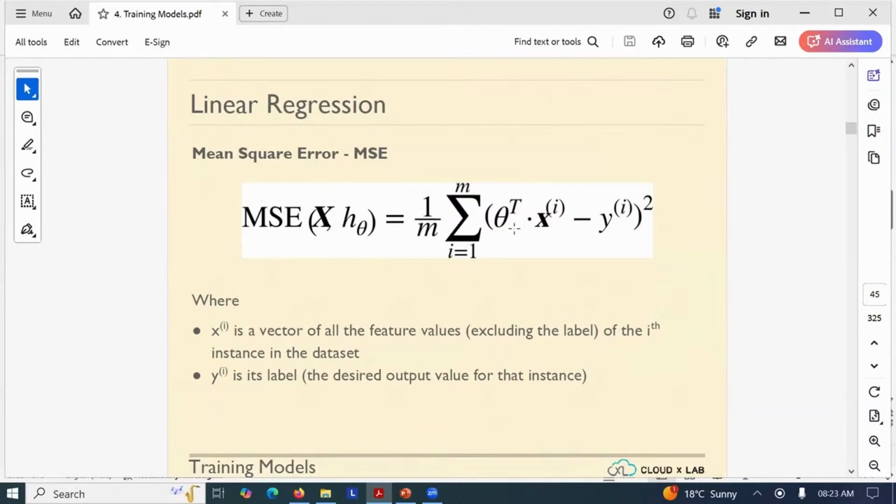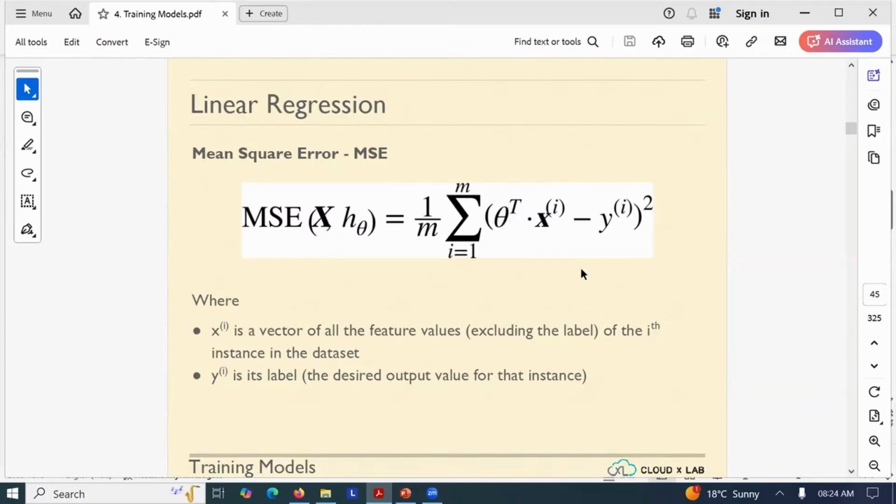So we have to calculate the optimal value of theta, because theta here we are taking as unknown, such that this MSE error is as low as possible, right? For the optimal value of theta, the MSE error will be minimum.